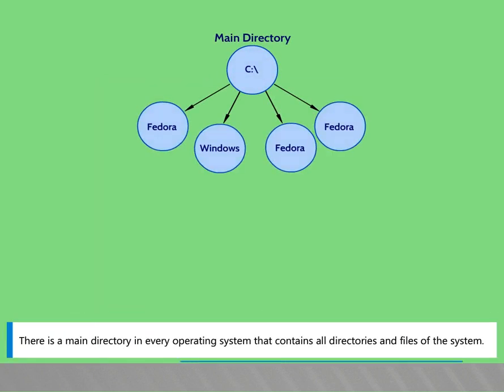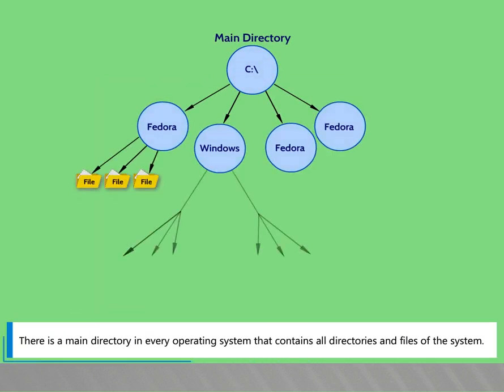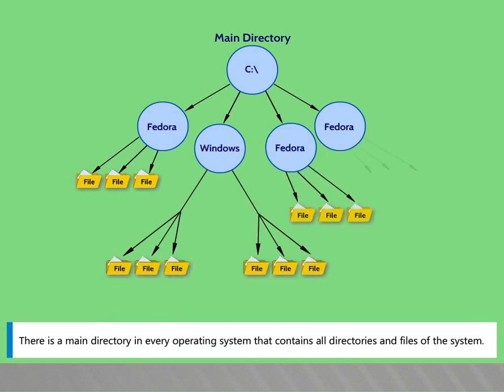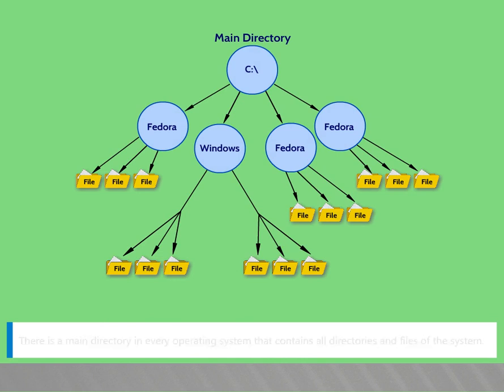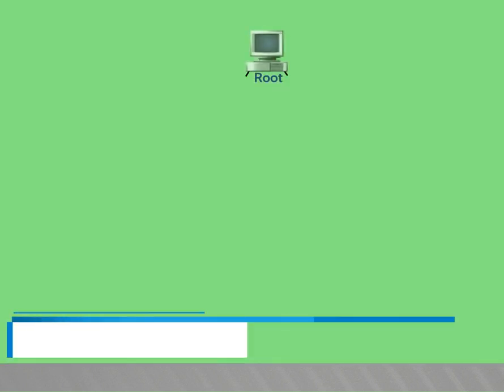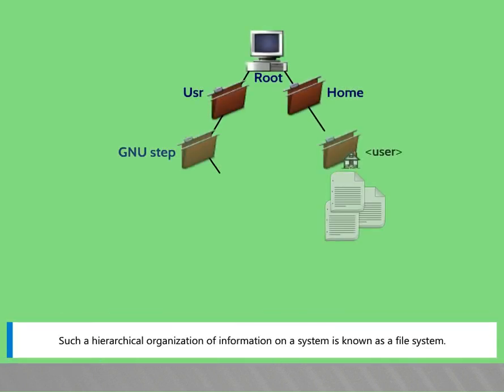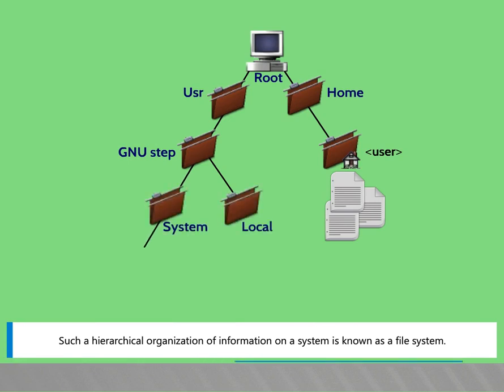There is a main directory in every operating system that contains all directories and files of the system. Such a hierarchical organization of information on a system is known as a file system.